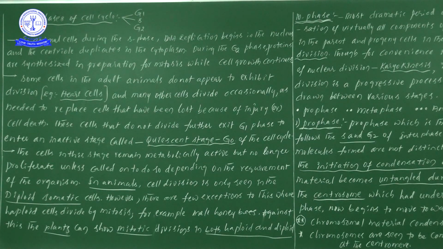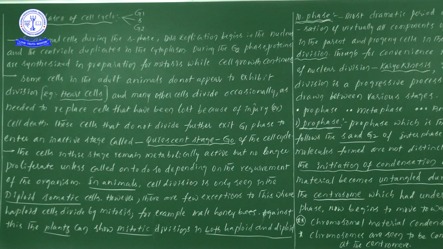Lost means lose, we know very well. So only when cells are lost by injury or cell death, to fill that particular gap, cells undergo division, and that is also only occasionally. Understand the point and save it well.